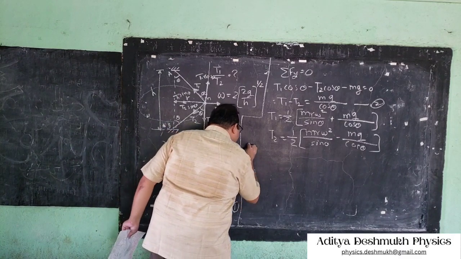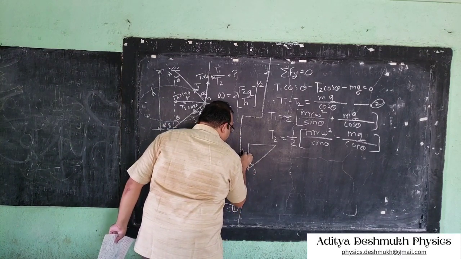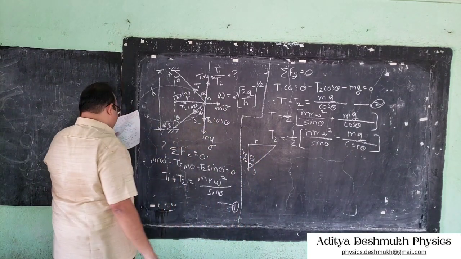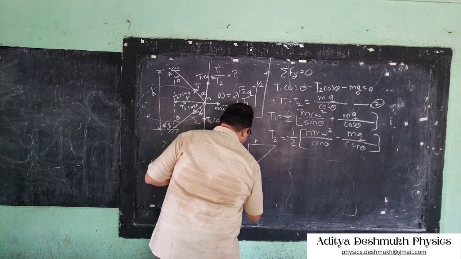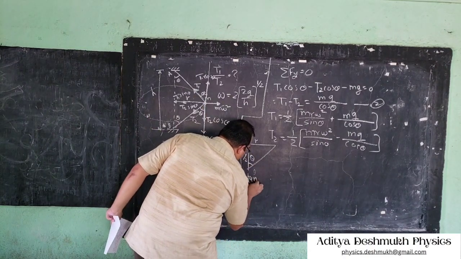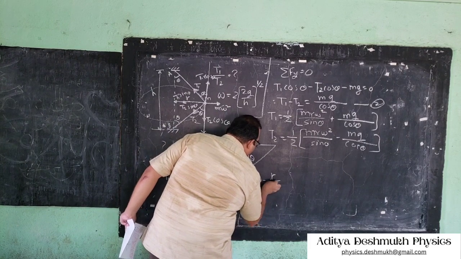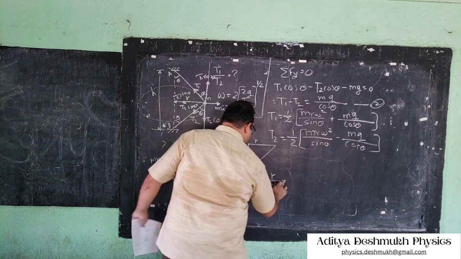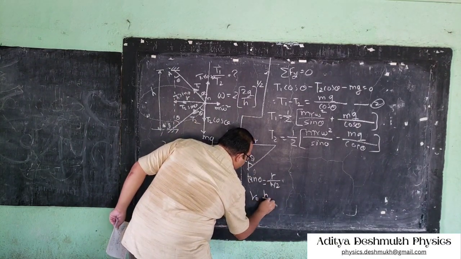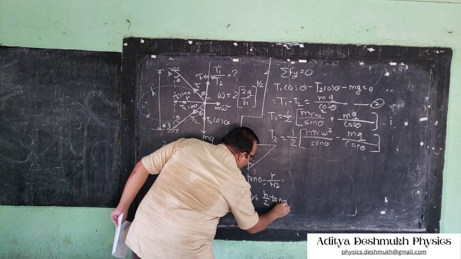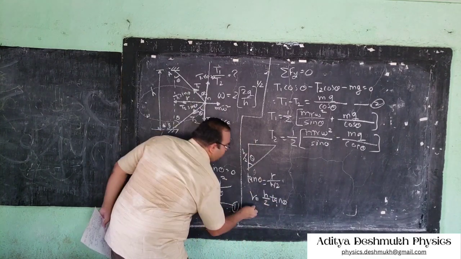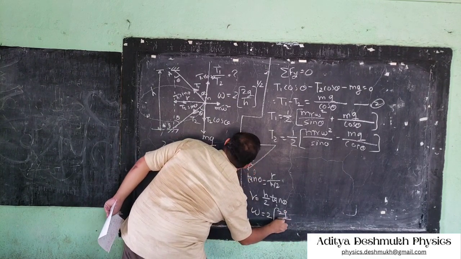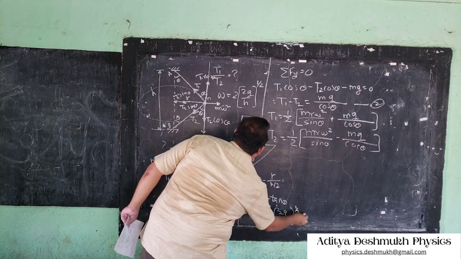So I can draw this triangle with h by 2, r and theta, and using this I will get tan theta equal to r upon h by 2, or from here r will be equal to h by 2 into tan theta, and I have been given omega equal to 2g upon h raised to 1 by 2.